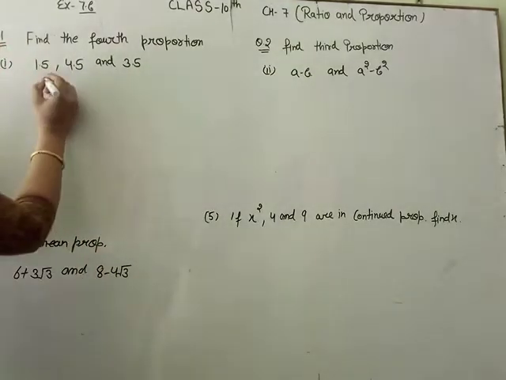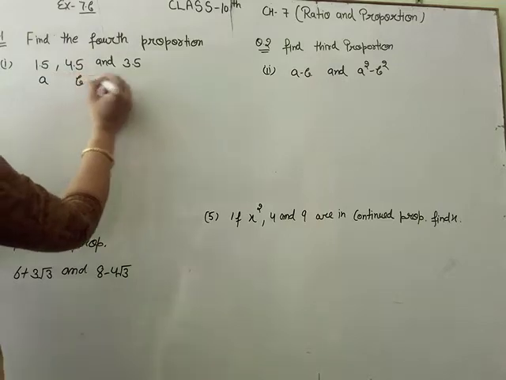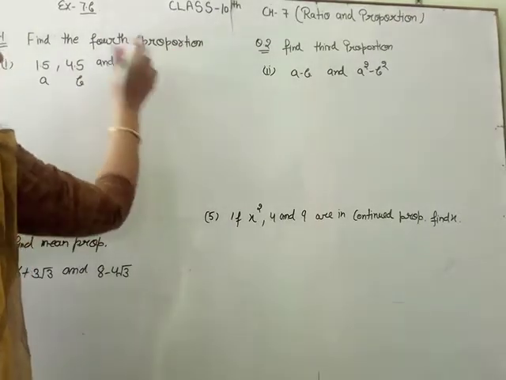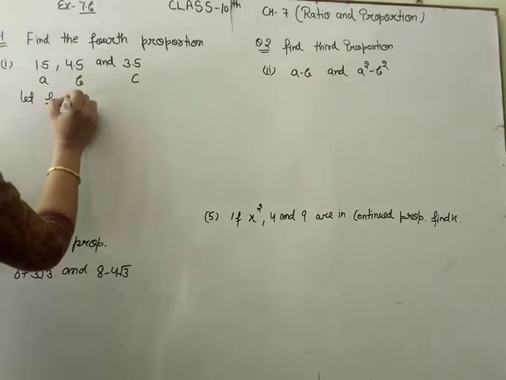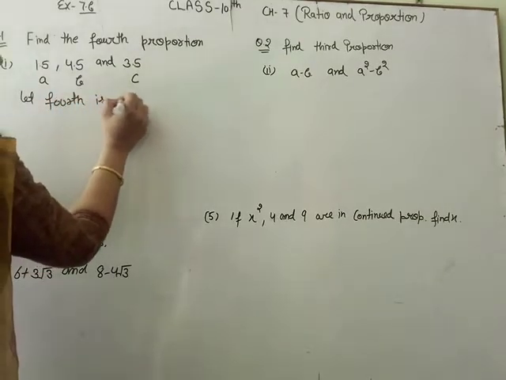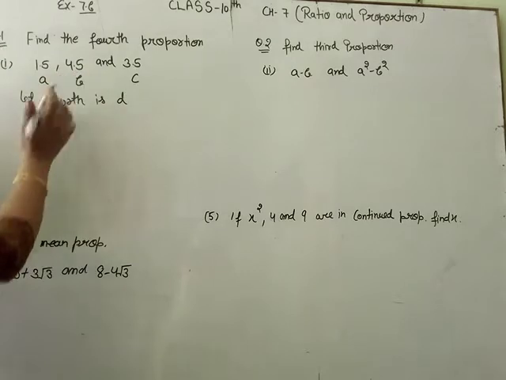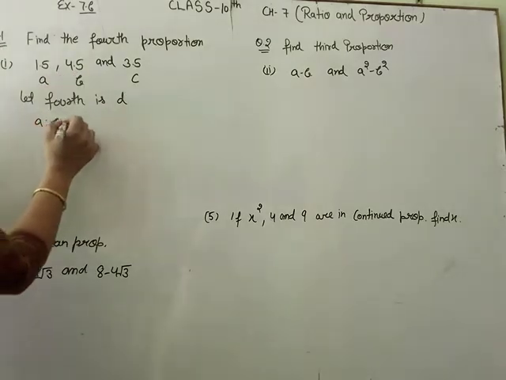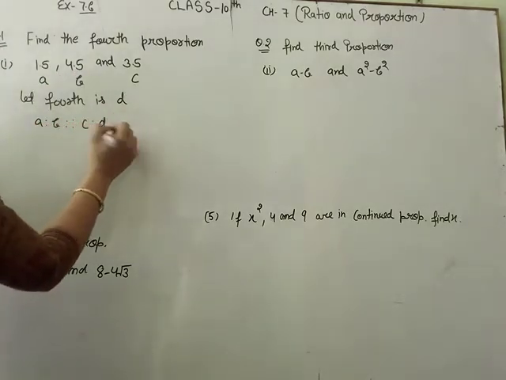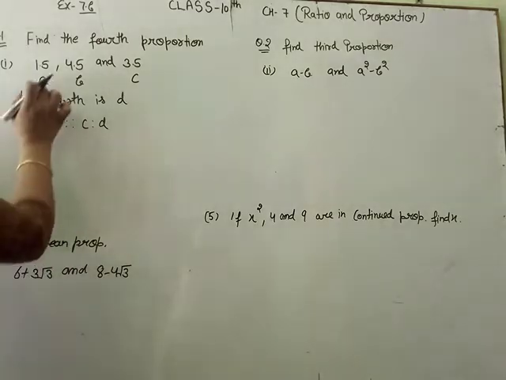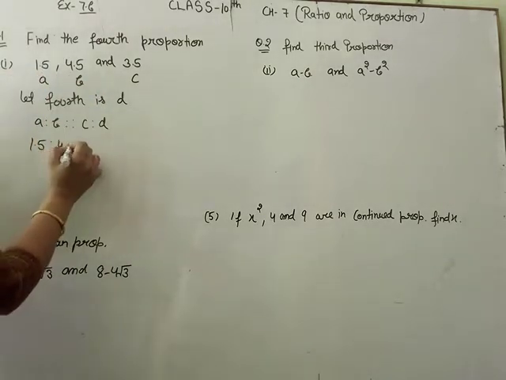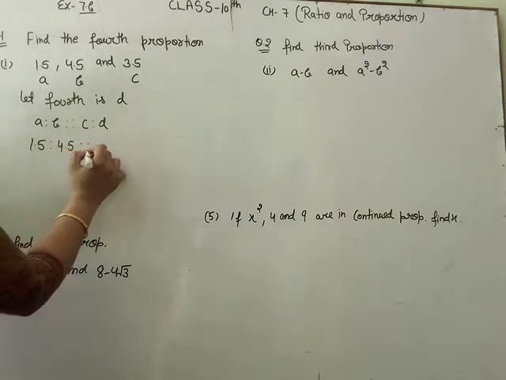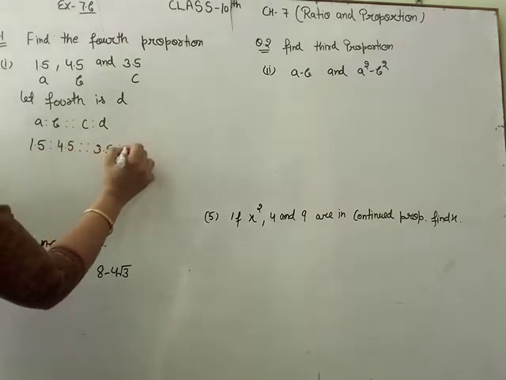Then we take this as first, this second, this third, and find the fourth, which is D. Then A ratio B proportion C ratio D. Then we write, in place of A, 1.5 ratio 4.5 proportion 3.5 ratio D.